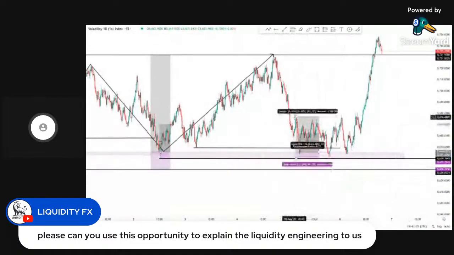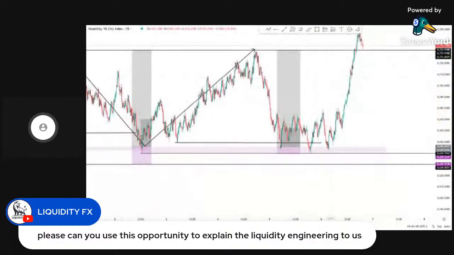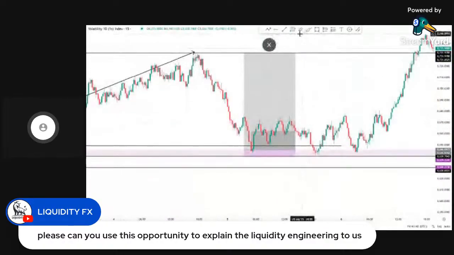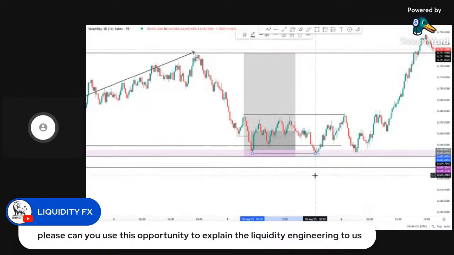Or instead of just buying blindly from this first point, you can also wait for a change of character again. So if you look at this, price gave you a break of structure to the downside here, and this high was not taken out yet, right? So since that high has not been taken out, you will be careful with this. Price broke structure to the downside again. After price broke structure again, what will now happen?